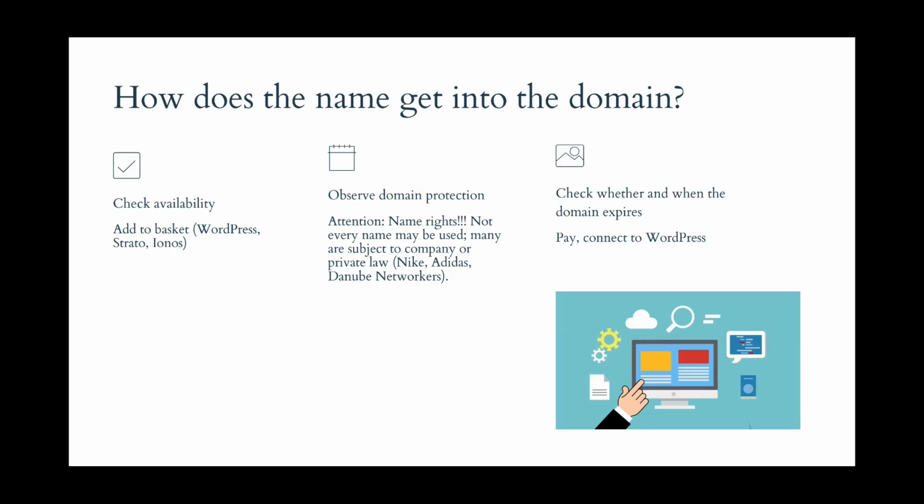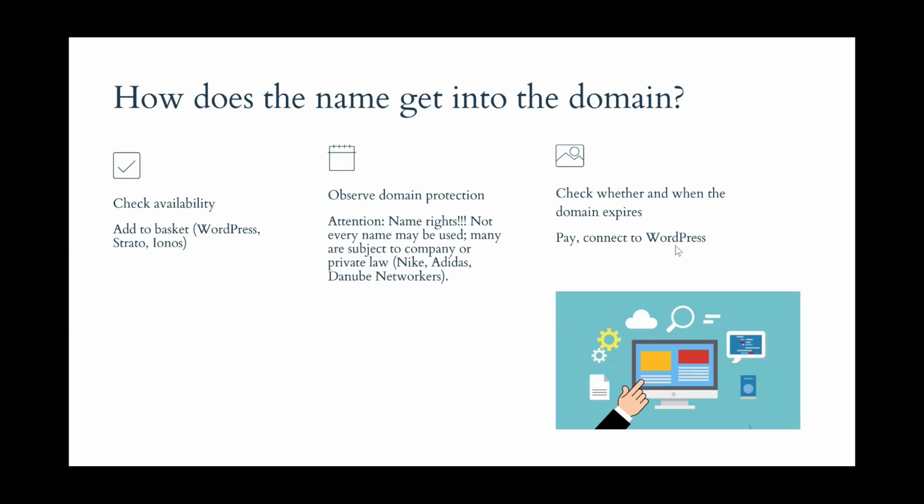It could be very, very expensive when you use this name. This company or a private person could sue you. And I heard of one case, it was about 5,000 euros because you used a foreign name.